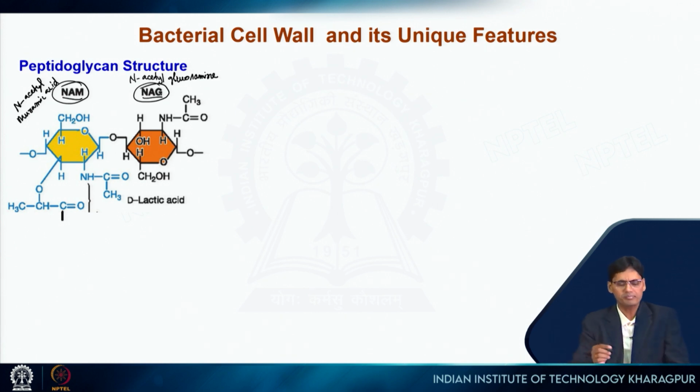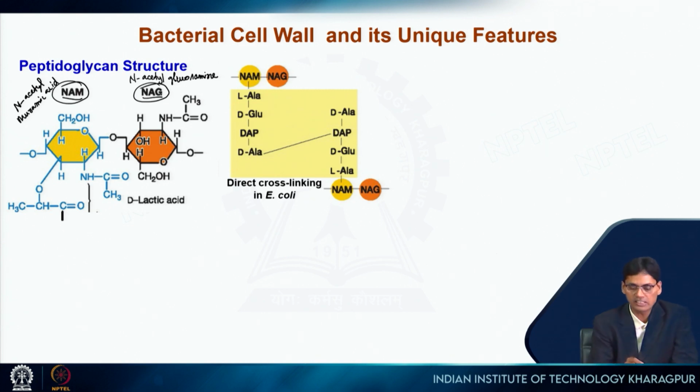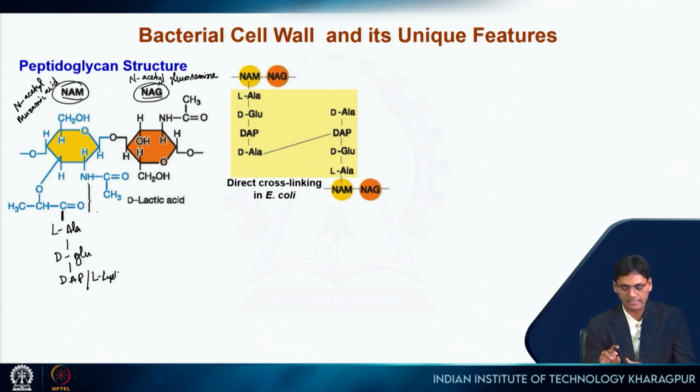Now this NAM, the N-acetyl muramic acid, is attached to amino acids here: alanine, followed by glutamic acid, followed by diaminopimelic acid, or sometimes it can be L-lysine, depending on the type of bacteria.